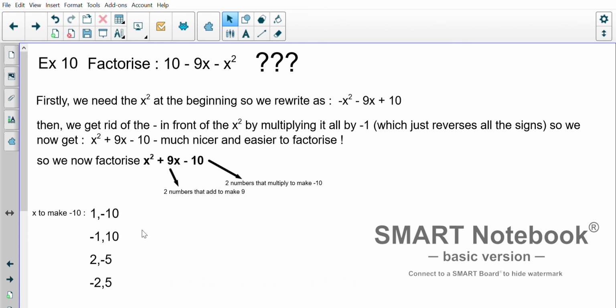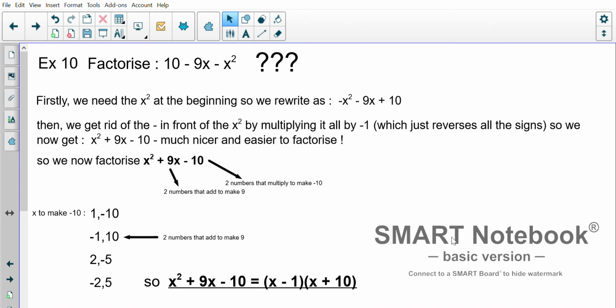Okay, this one. So minus 1 and 10. So your answer is x minus 1 and x plus 10.